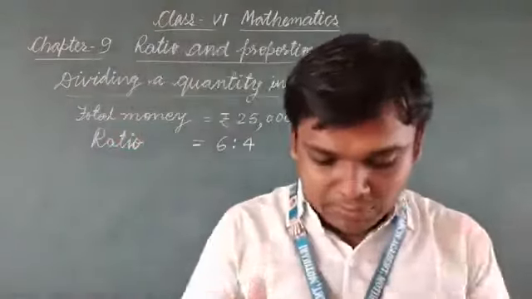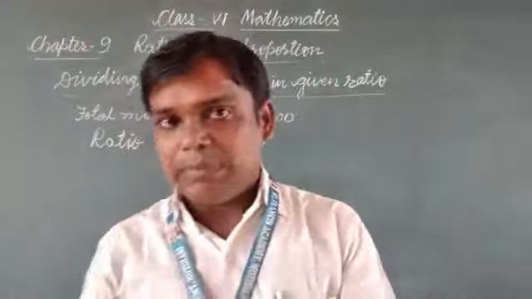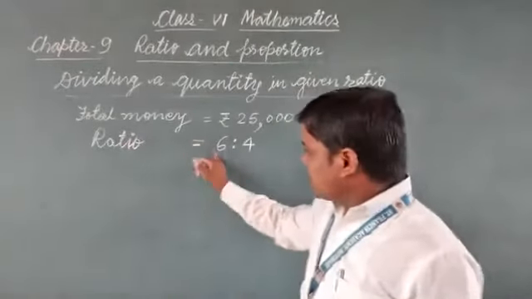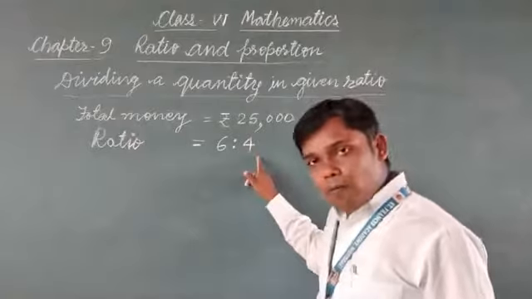Son to daughter means if the son is getting 6, then the daughter is getting 4.